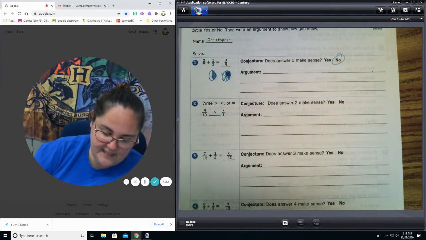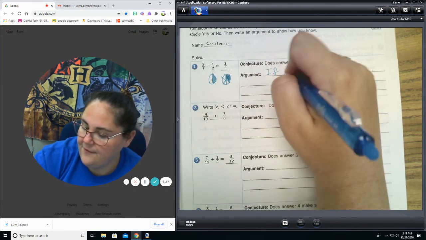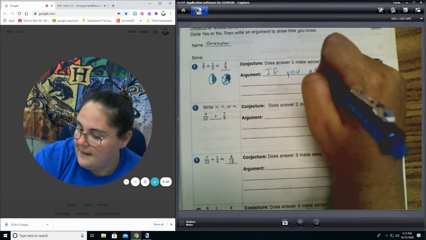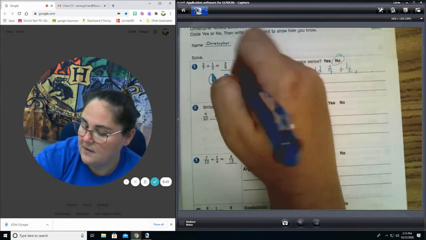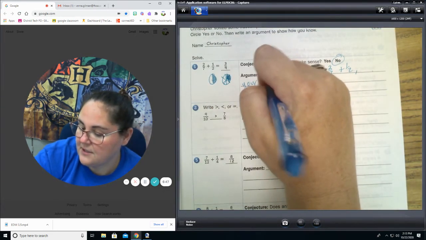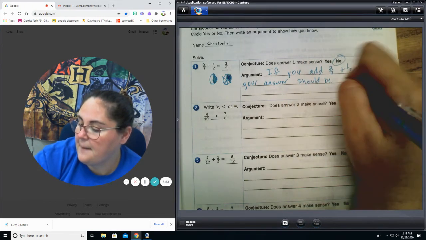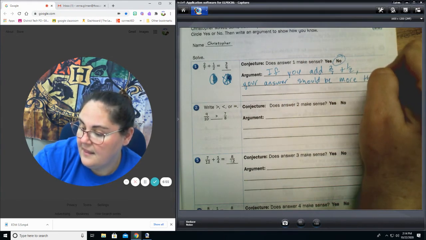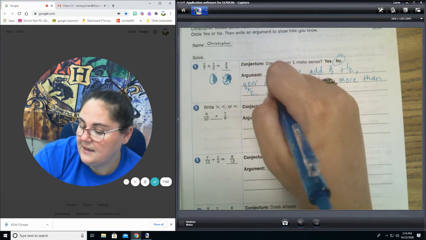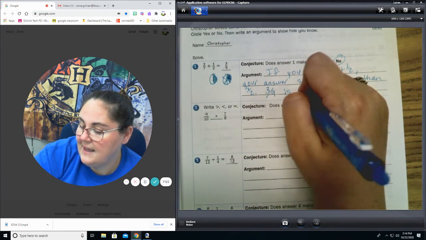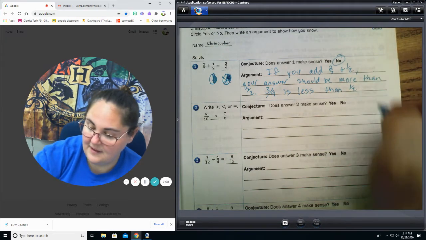And the way that you know this is if you add 2/7 plus 1/2, your answer should be more than 1/2. 3/9 is less than 1/2.